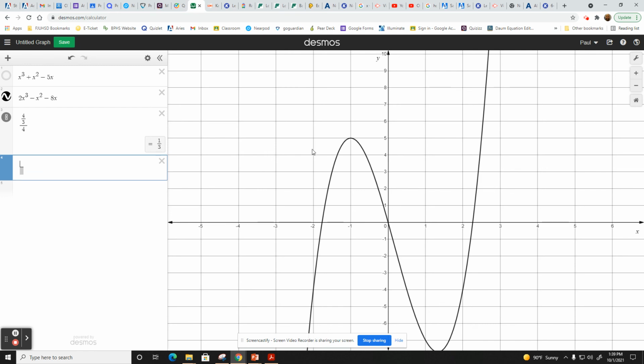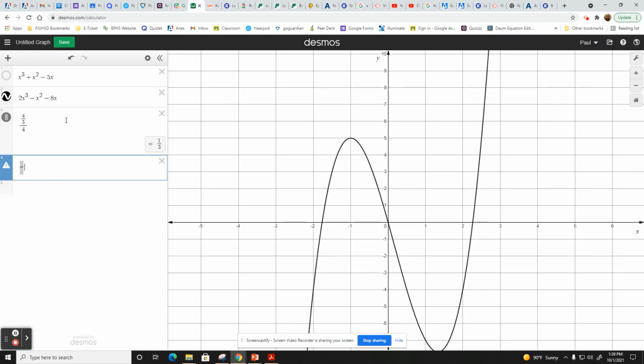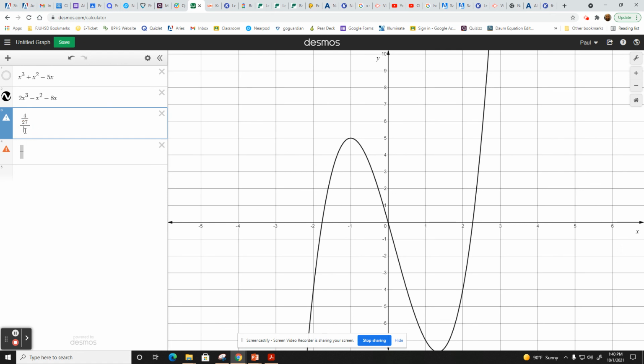Let's try another two consecutive ones. I'll do 4/27 divided by 4/9. I'm taking one of them and dividing by the previous one. This works every time. And I get 1/3 again.